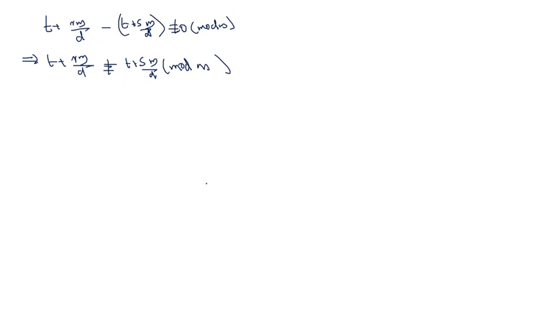Now it remains to show that any solution of ax congruent to b mod m is congruent modulo m to one of the above d solutions. That is, if we get any integer that satisfies the congruence ax congruent to b mod m, then that integer must be congruent to one of the d solutions t, t plus m by d, etc., t plus d minus 1 times m by d.